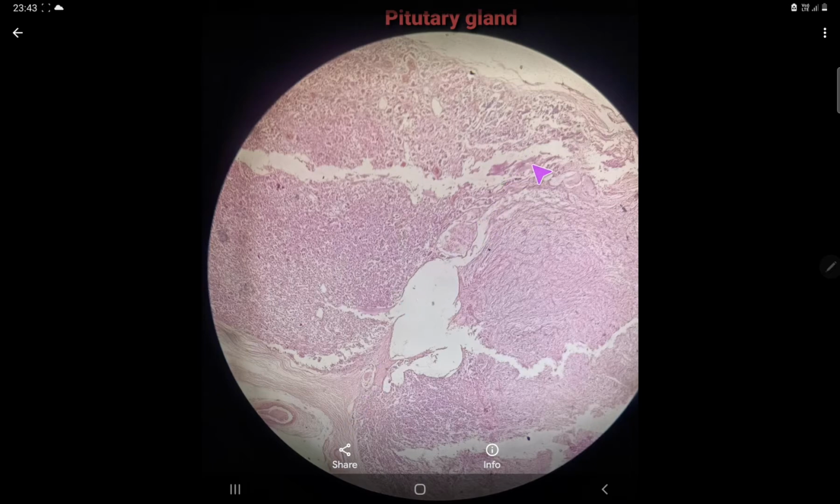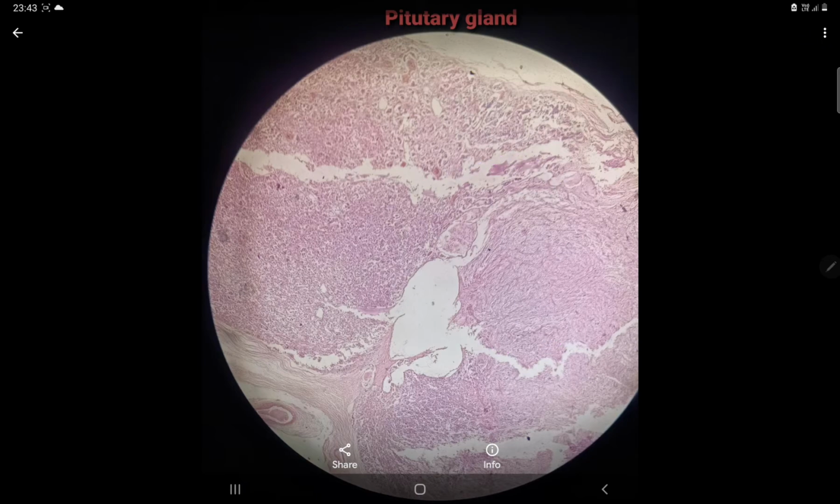This pars intermedia, that is colloid filled cyst, produces MSH, that is melanocyte stimulating hormone. And this posterior part, that is pars posterior or neurohypophysis, stores vasopressin or antidiuretic hormone, ADH.